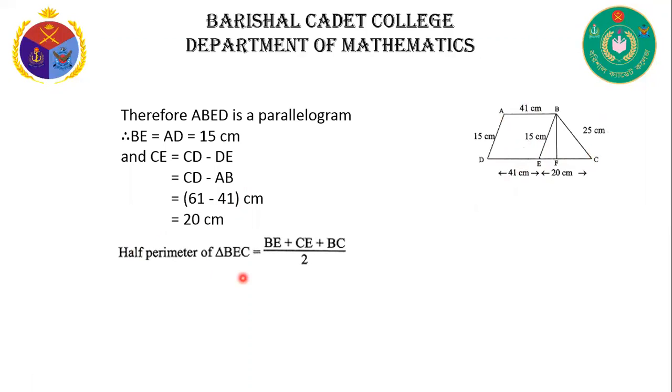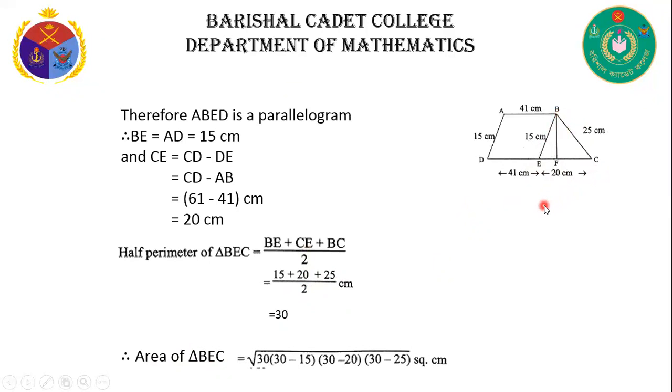Now half perimeter of triangle BEC is equal to BE plus CE plus BC divided by 2. That means 15 plus 20 plus 25 divided by 2. That means 30.